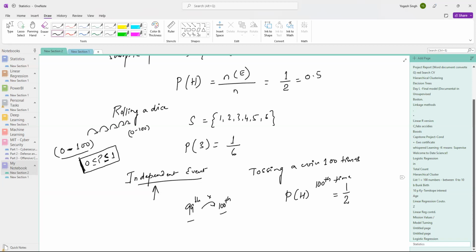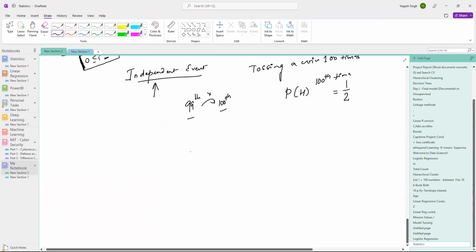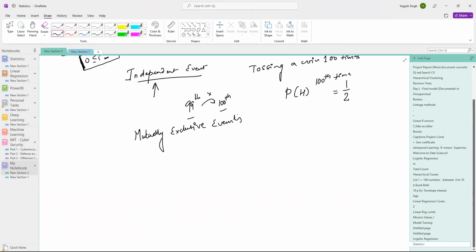Now let's go to mutually exclusive events. What are mutually exclusive events? Let's say I have a die which has 1, 2, 3, 4, 5, and 6, and I'm rolling the die. Is it possible that I'll get a 2 and a 4 together? No, sir.